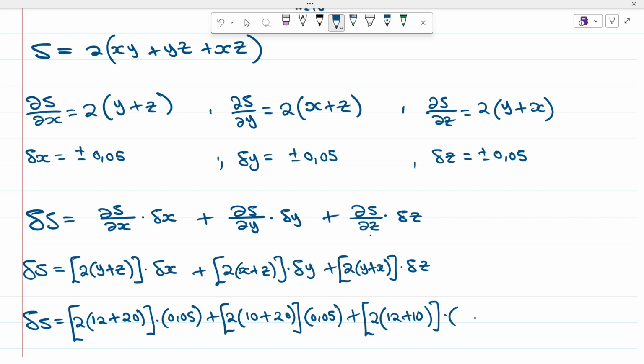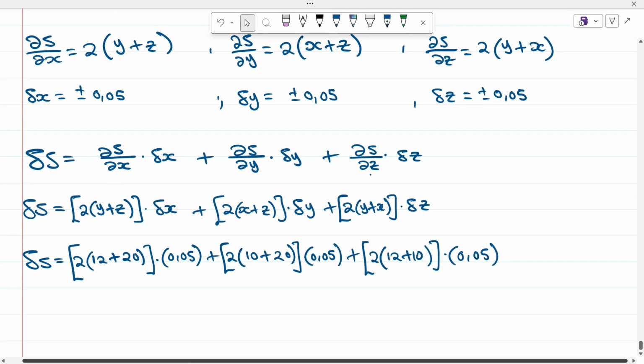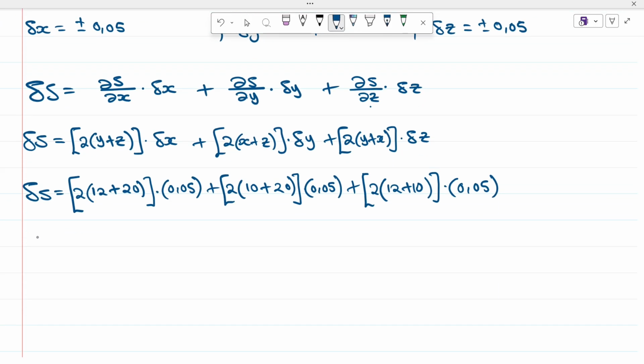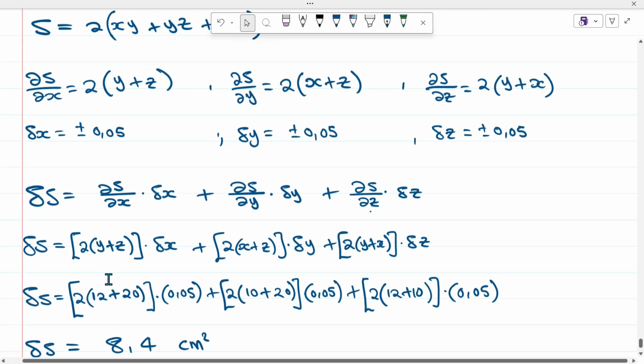And then we use our calculator, and we end up getting that the small change in s is equivalent to 8.4 square centimeters.